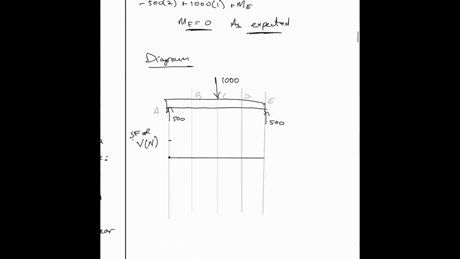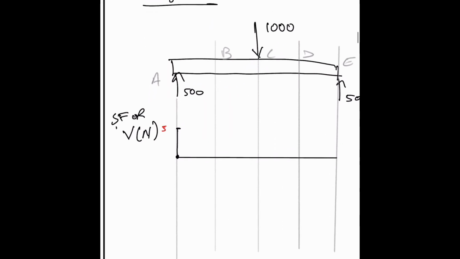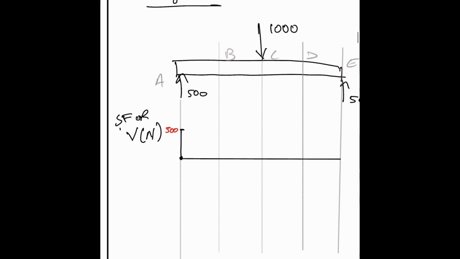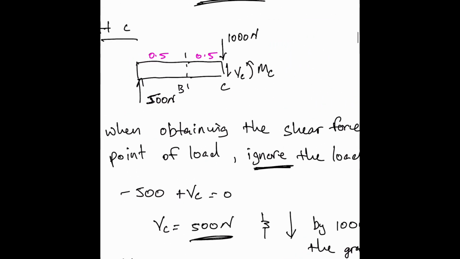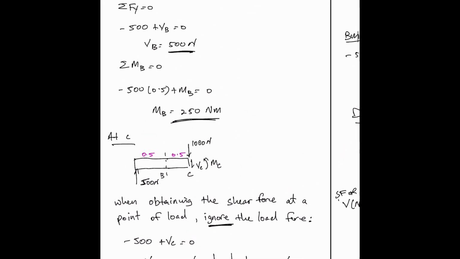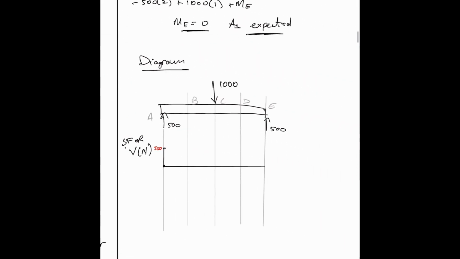So we start off at 0 and then go up by 500. So this here would be 500. At point B, the value is 500 also, so we go straight line.